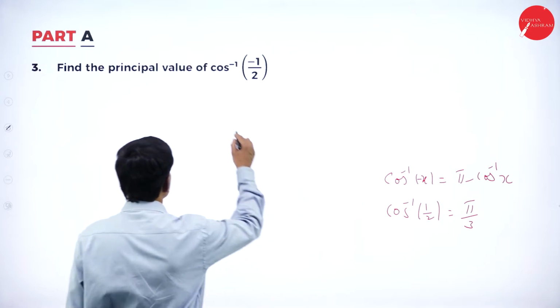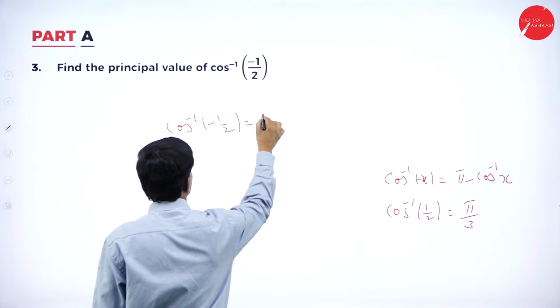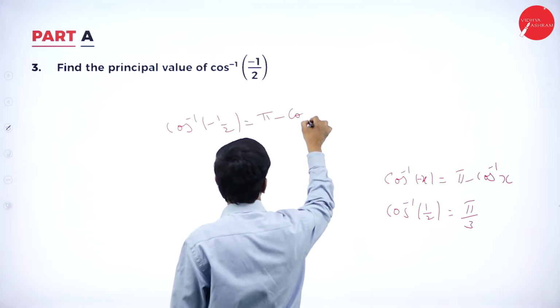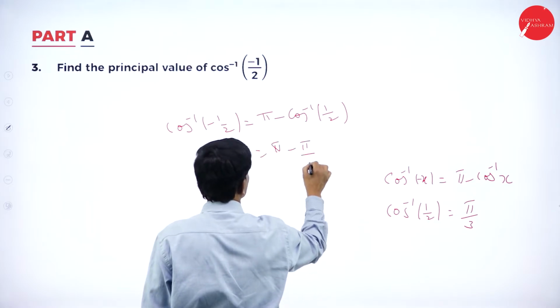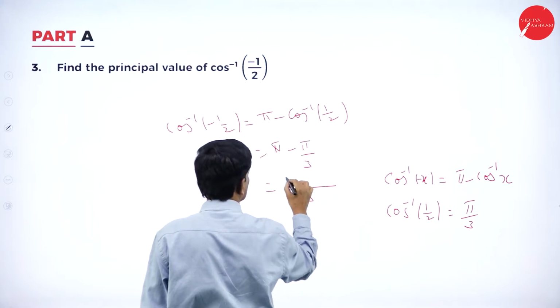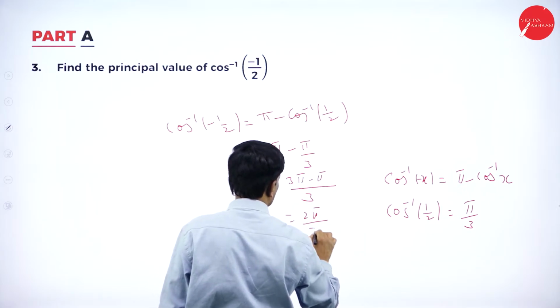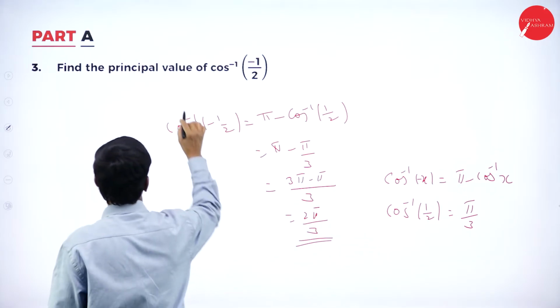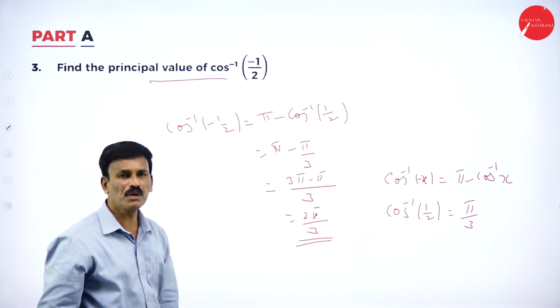Now, what is the question given here? Cos inverse of minus 1 by 2 can also be written as pi minus cos inverse 1 by 2. This is pi minus pi by 3. Take LCM, 3 is the LCM, 3 pi minus pi, that's equal to 2 pi by 3. So, the principal value of cos inverse of minus 1 by 2 is 2 pi by 3.